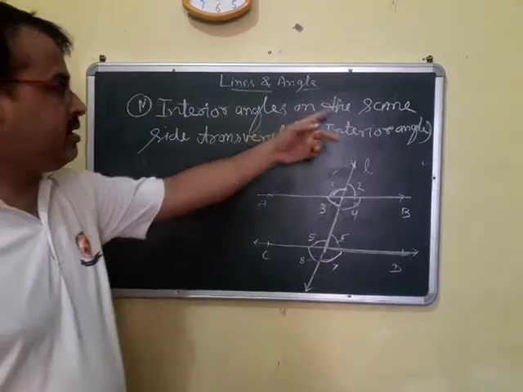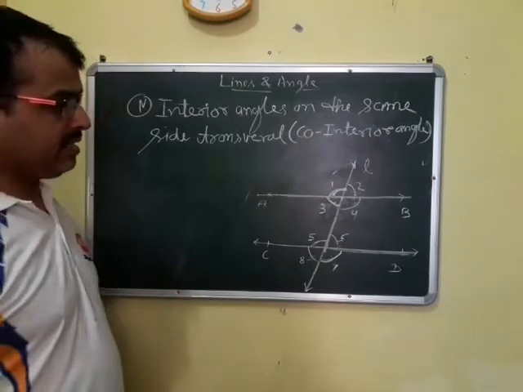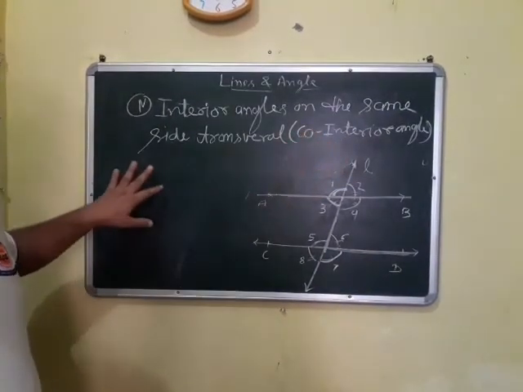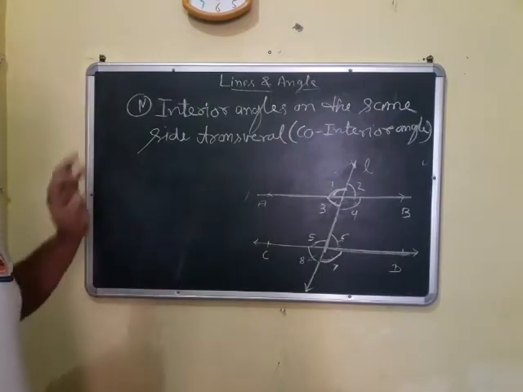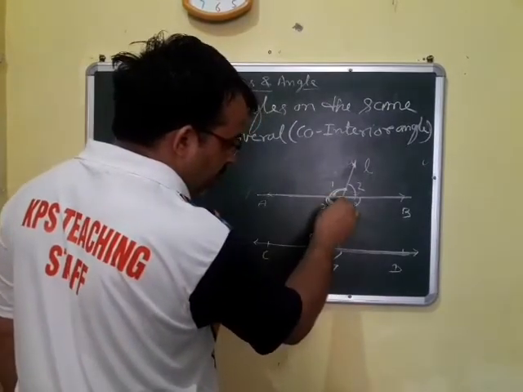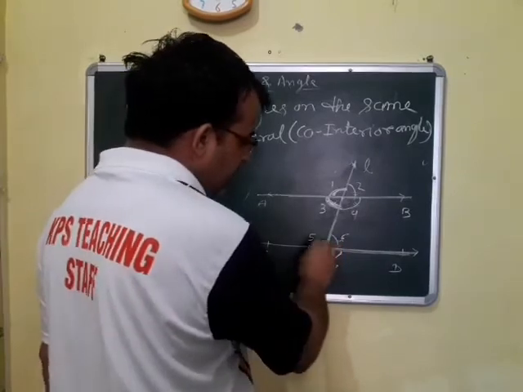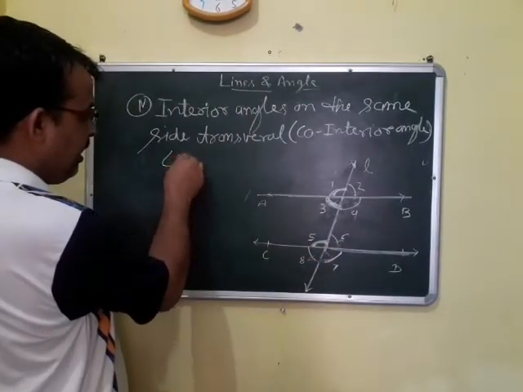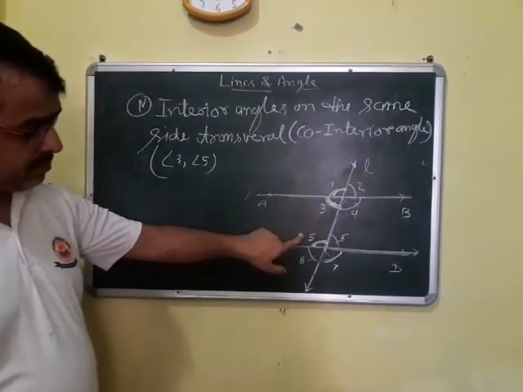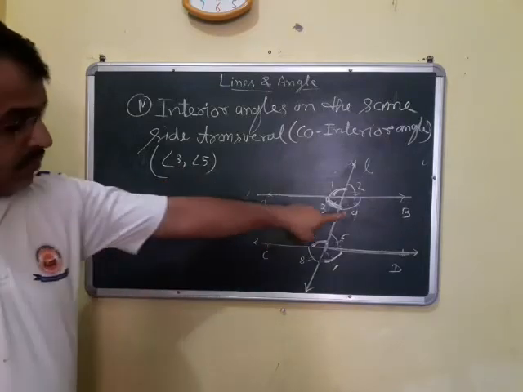Interior angles on the same side of the transversal, or say co-interior angles. Now here we see the co-interior angles. So look, angle 3 and angle 5. This one is the co-interior angles.